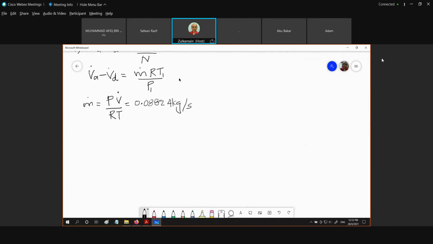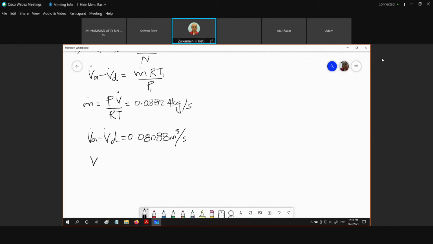Then we are going to get the V dot A minus V dot D, which is equal to 0.08088. This is in meter cube per second. Then we divide the V dot A and V dot D by the speed of the motor, the RPM.